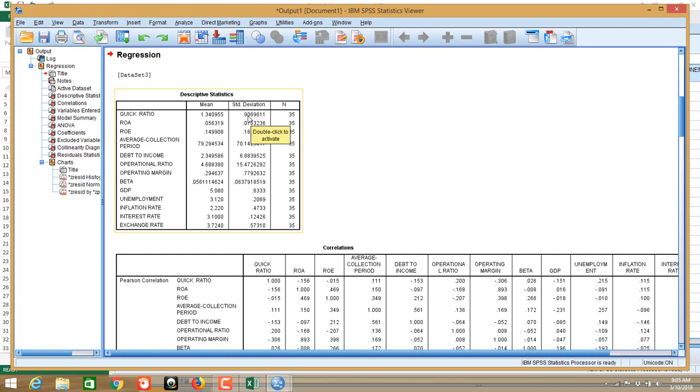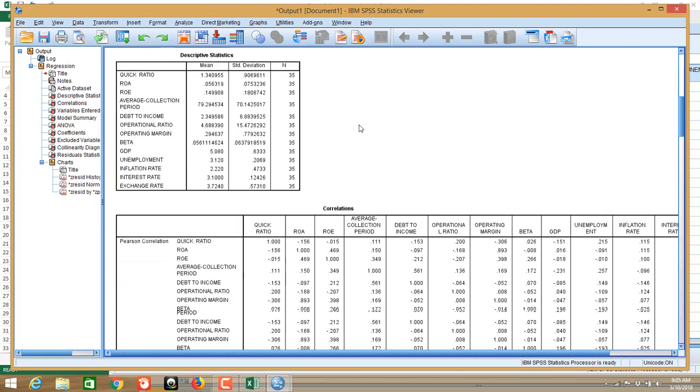It also tells you that your liquidity is not stable. Sometimes $1, sometimes 2, sometimes 50 cents. If you have zero standard deviation, it means you have a fixed number. It never changes. The higher your standard deviation, the more different your numbers are from your average. So the higher the standard deviation, the more unpredictable is your company.